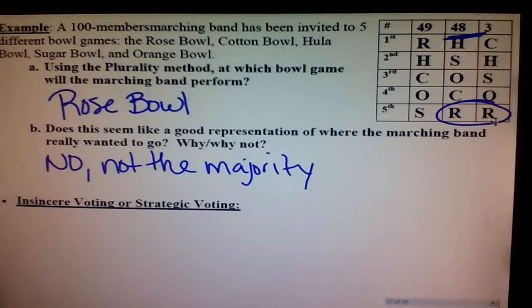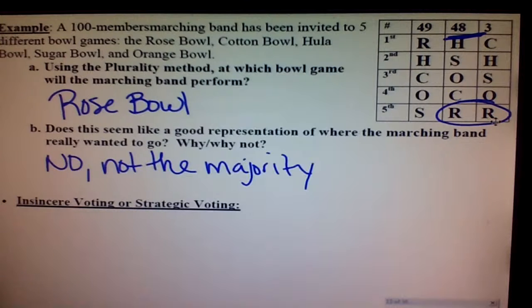So you really love me, but you know that I'm never ever going to win. So what are you going to do? Are you going to vote for me? No. Why would you vote for somebody that you know is never going to win?